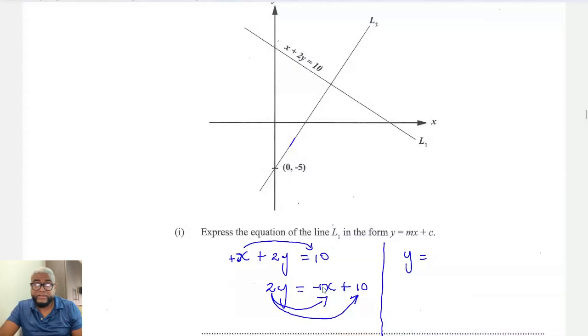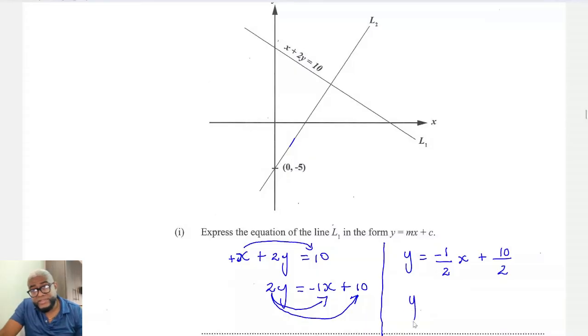So this is negative 1, negative 1x over 2, plus 10 over 2.